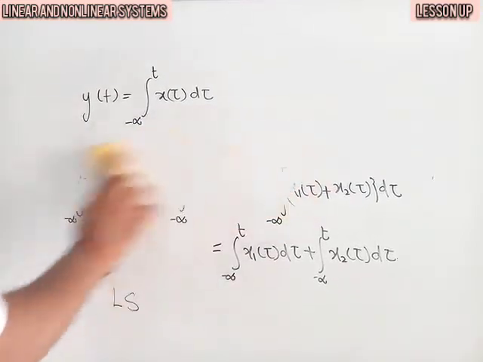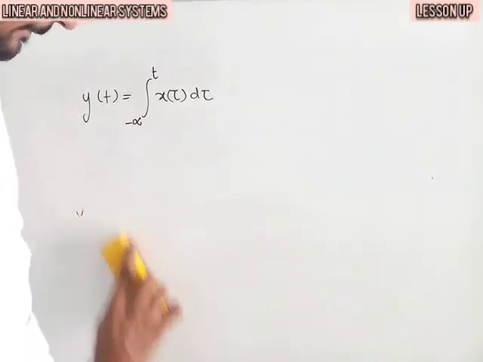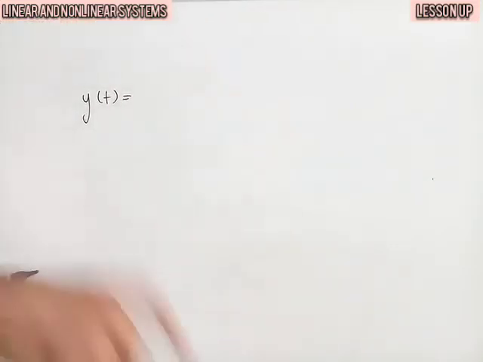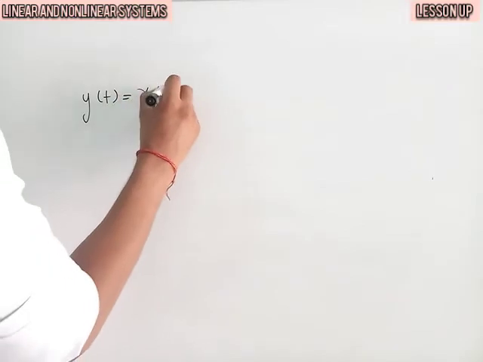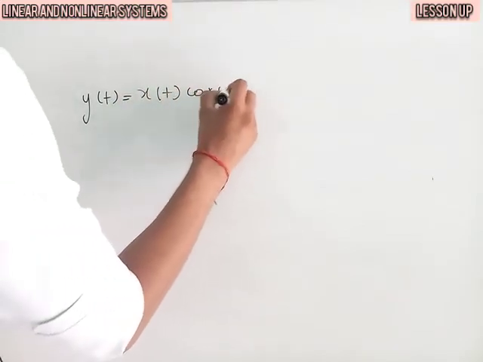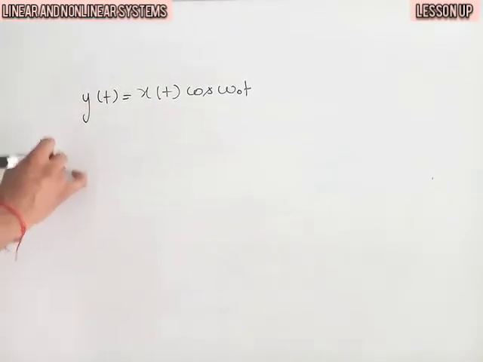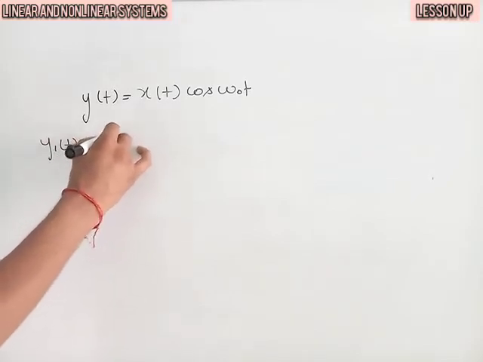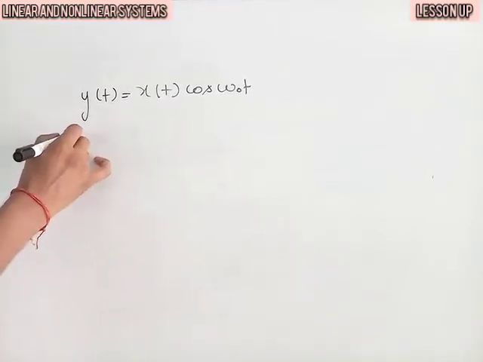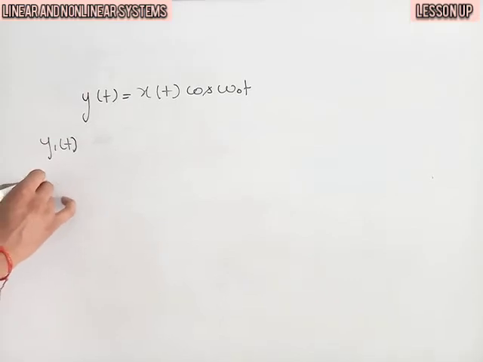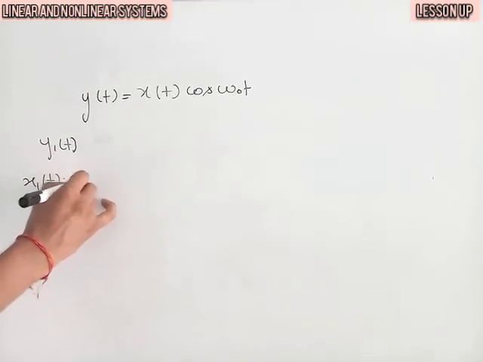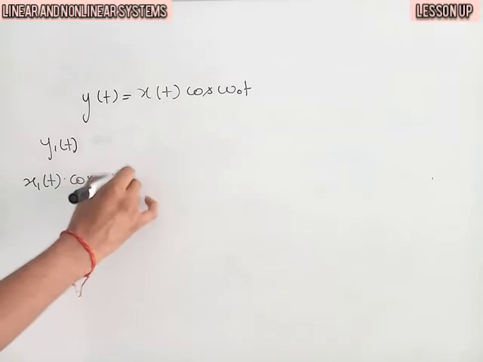In our next example, y of t is x of t cos omega naught t. If we give input x1 of t, we will get y1 of t, which should be equal to x1 of t into cos omega naught t.